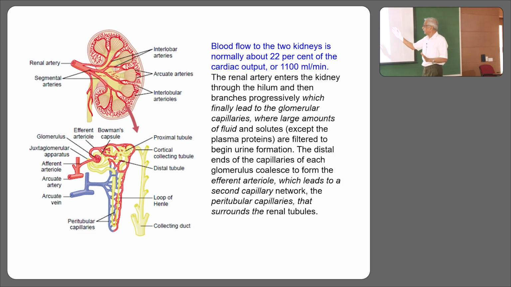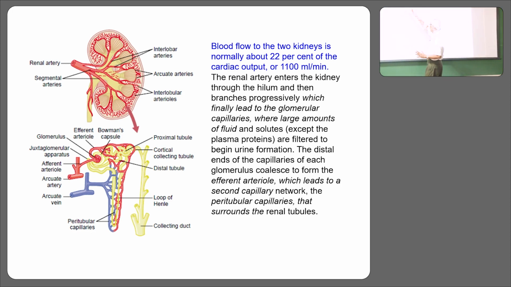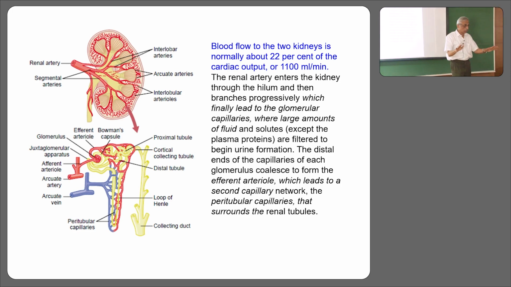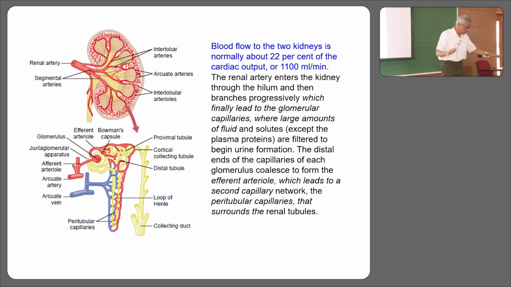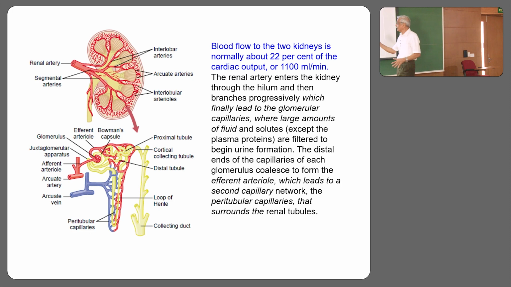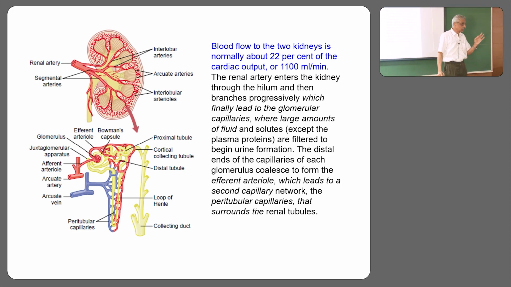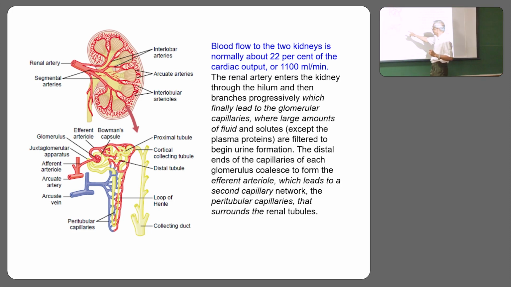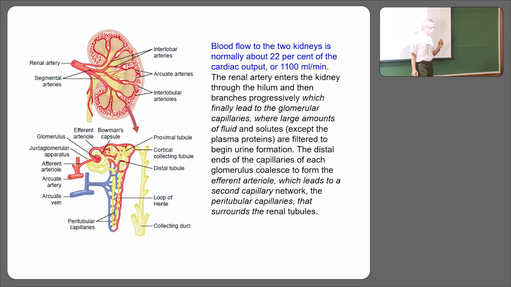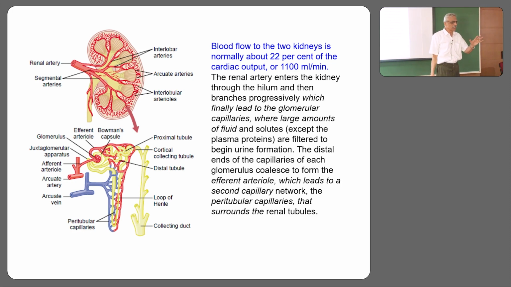By the time the blood enters these vessels as they branch and go into smaller vessels, as the resistance increases, the blood pressure here is about 60 mmHg. And by the time it comes out of the glomerulus, there is very little loss because the tuft is very small. It's about 59 mmHg.